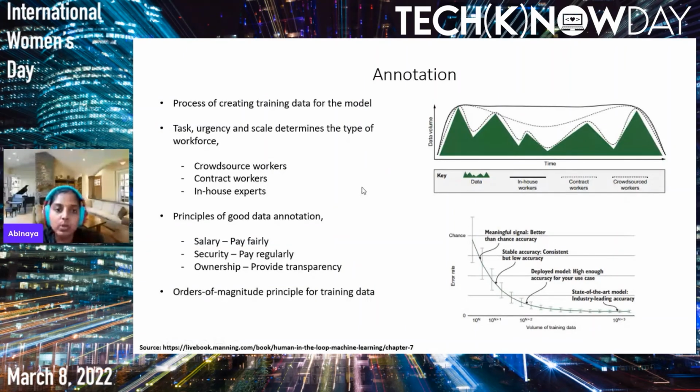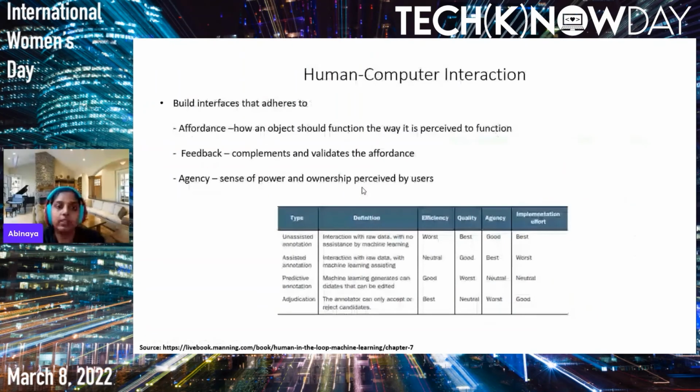Now let's look at the final aspect in the human machine learning pipeline, which is human computer interaction. We of course need to build an interface where you actually showcase the data to the user with all the instructions, so that he or she can annotate the data. You have to make sure the human computer interaction is effortless, and it needs to stick to certain characteristics.